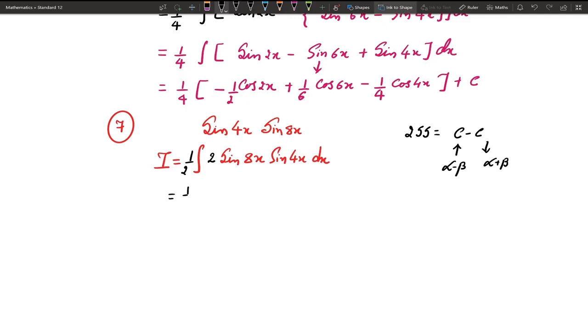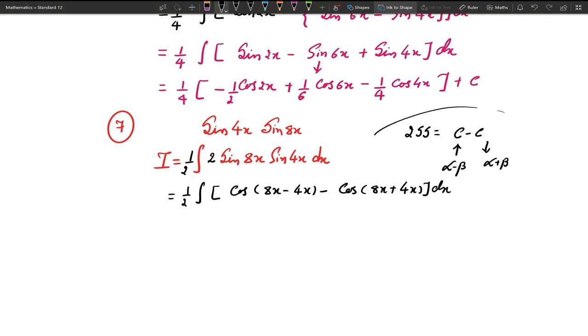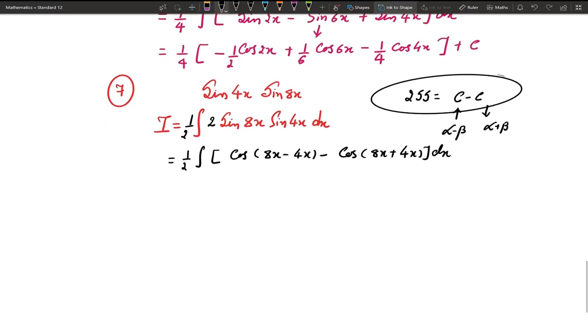So this is 1 half integration of 2 sin sin, cos(8x minus 4x) minus cos(8x plus 4x) dx, using this formula.